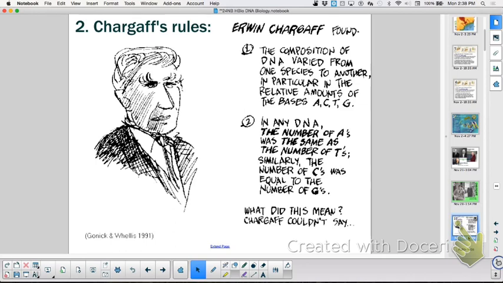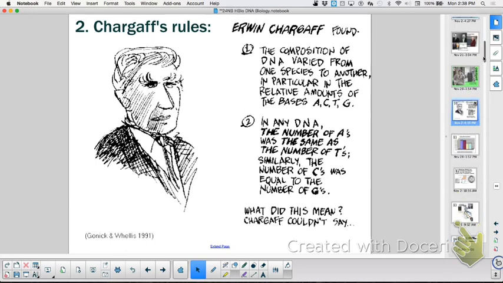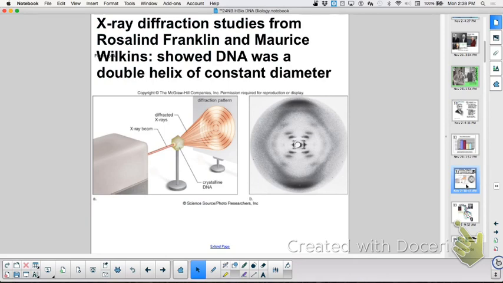Okay? And then another piece of evidence they had was from Rosalind Franklin and also Maurice Wilkins, but she's the one who gave it to them. And they would shine what through crystallized DNA? X-rays. And those formed a pattern. And just like you can tell if a bone is broken when you see an X-ray, they could tell structure from the pattern made by the X-ray going through the crystallized DNA.